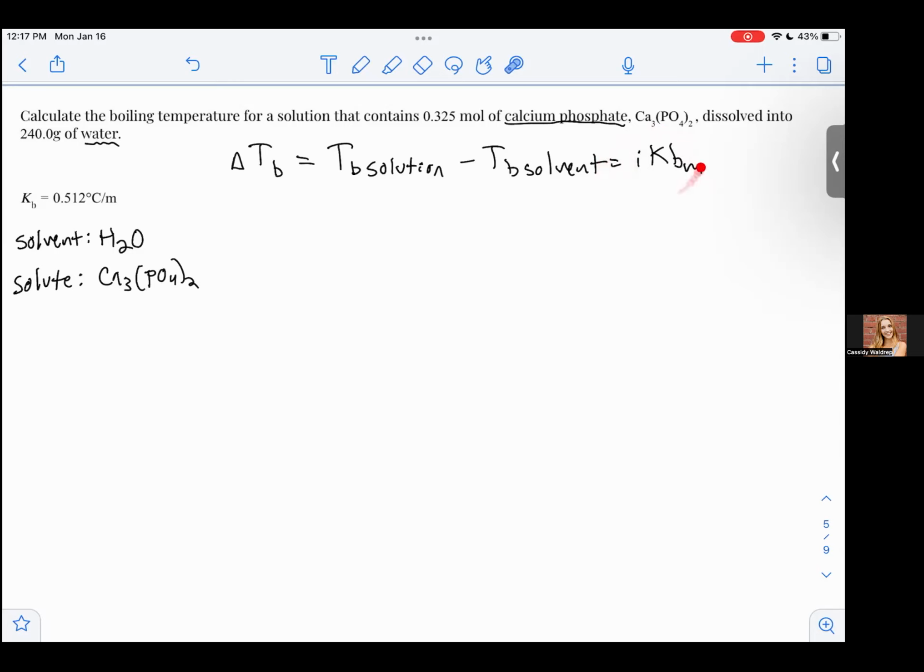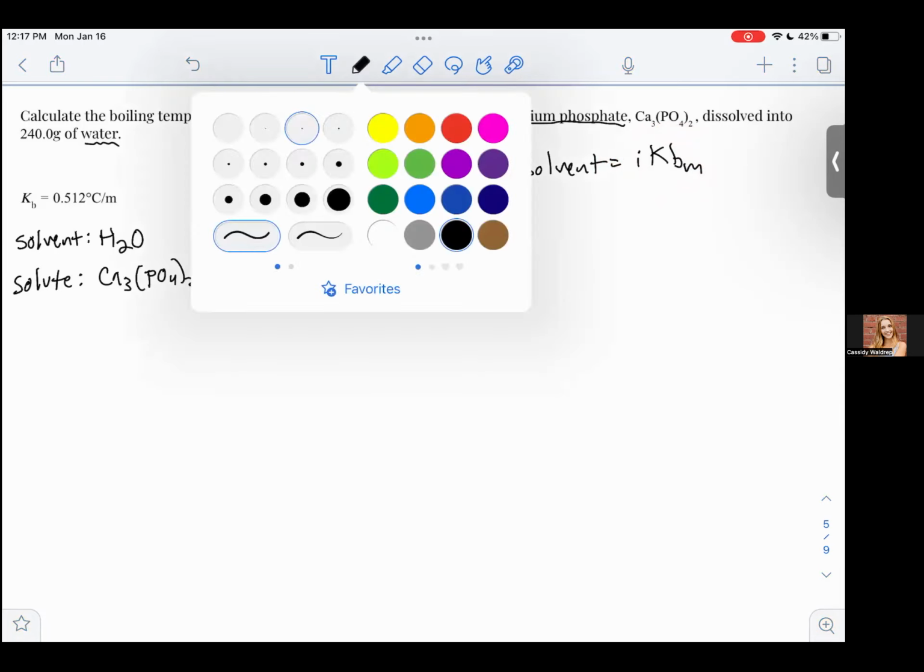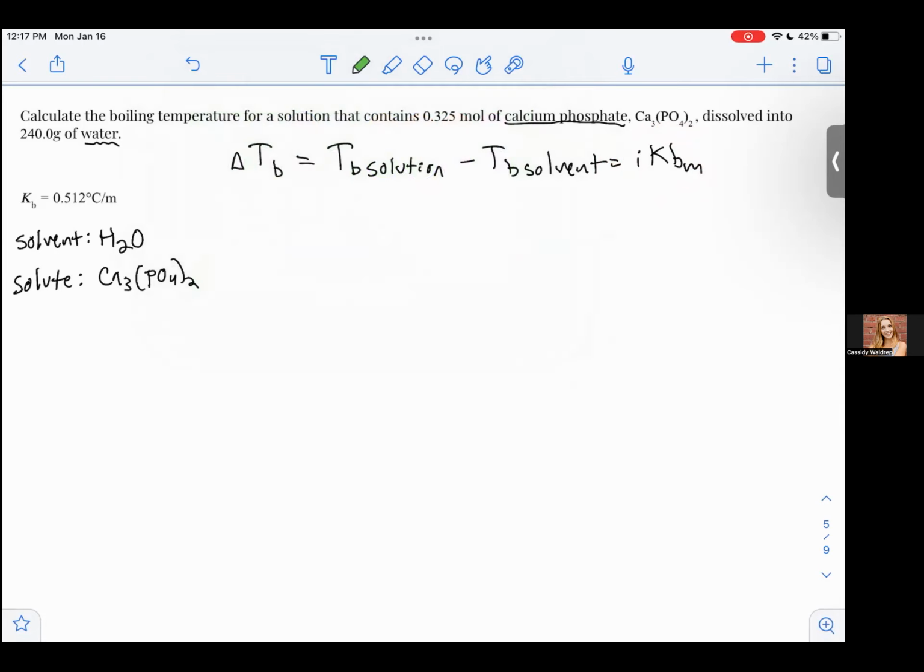Our I value, if we go back and think about what our I value is, it's our Van Hoff factor. What does our solute dissolve into when we put it in water? So maybe pause the video here and see if you can figure that one out. Okay, here we go. When we split this up in water, it's ionically bonded, so we know it's an ion that's going to dissolve in water.